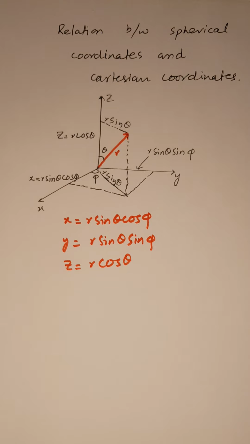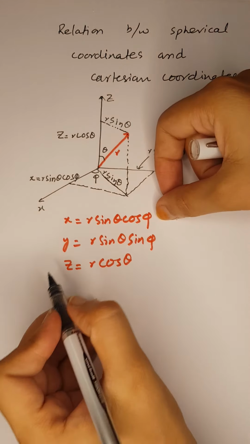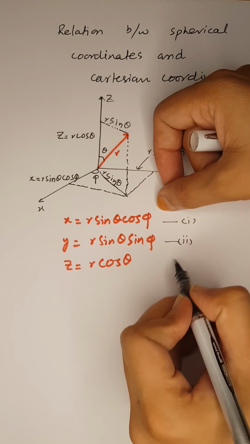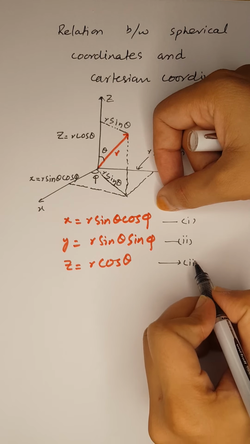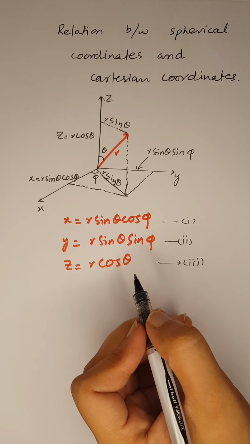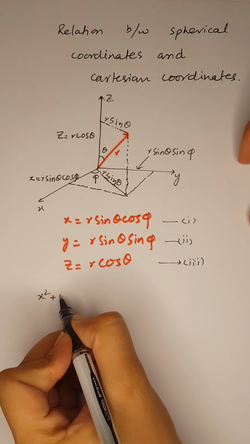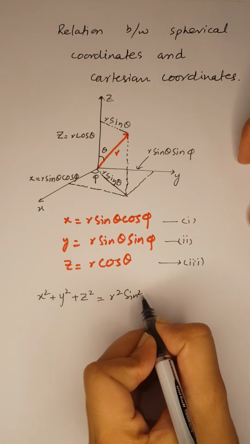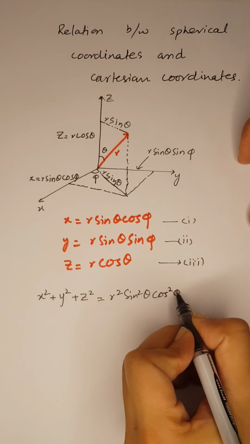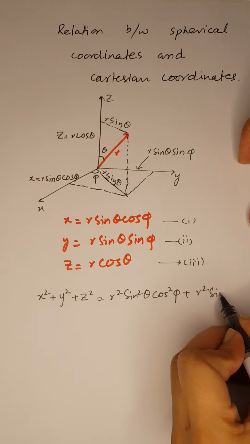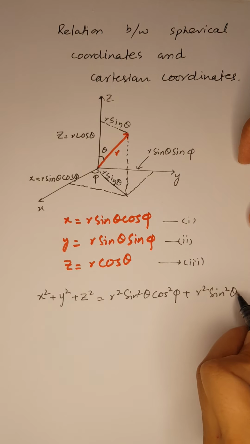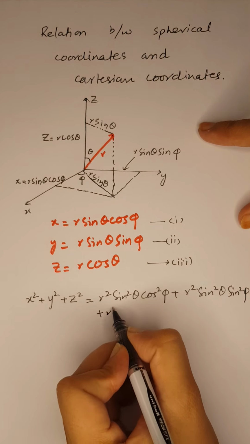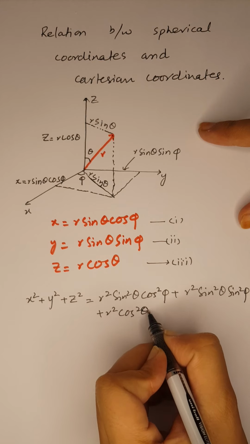Now take the squares of both sides and add all three components, 1, 2 and 3. You will get x square plus y square plus z square is equal to r square sine square theta cos square phi plus r square sine square theta sine square phi plus r square cos square theta.